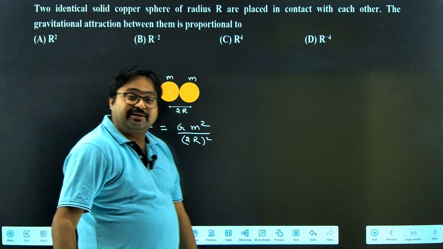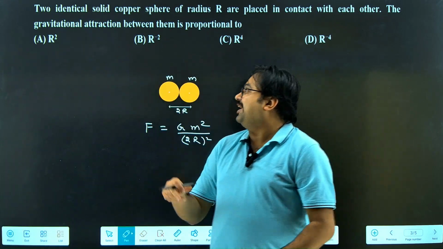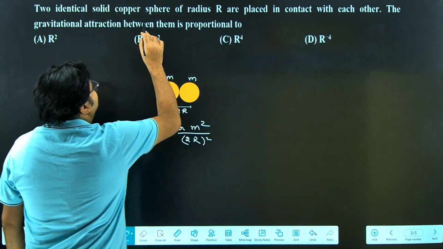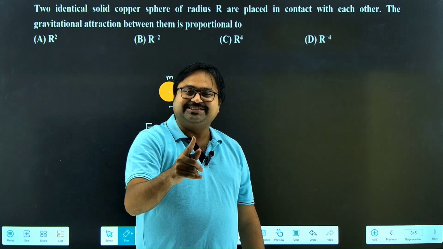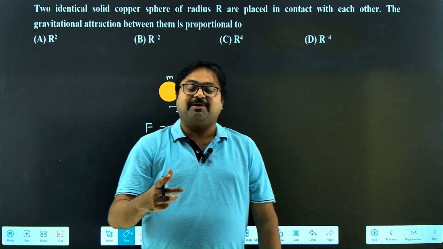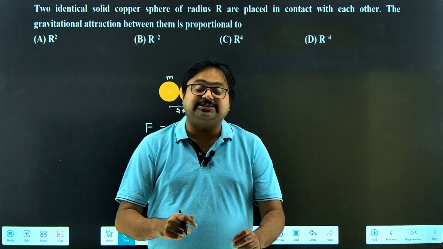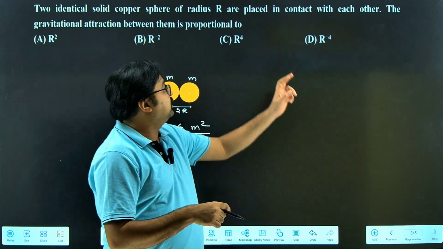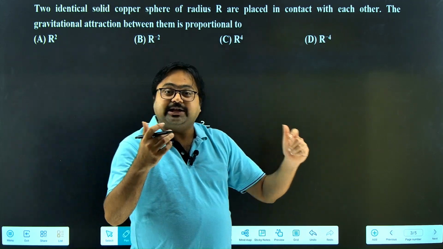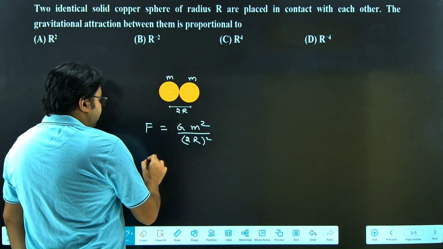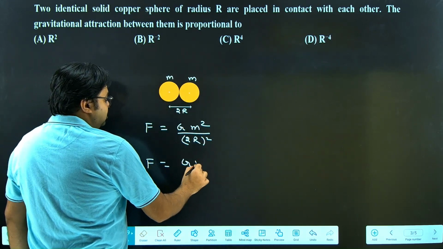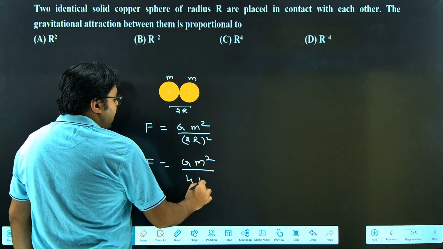You would be right if the question had said two copper spheres of mass m and radius r. This is the trick in the competitive exam. You must answer in terms of the quantities given in the question and not anything else. So if you wrote that, okay sir, everything else is a constant, you have G m square divided by 4r square.